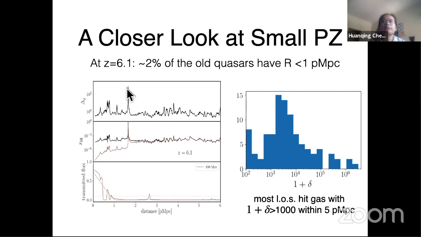This dense and neutral clump of gas will shield the gas behind it, and most of the time, it will show up as a damping wing in the spectra. If we plot the overdensity of this cloud in a histogram, it looks like the right figure. Most of them hit gas with overdensity above 1,000 within 5 physical megaparsec.